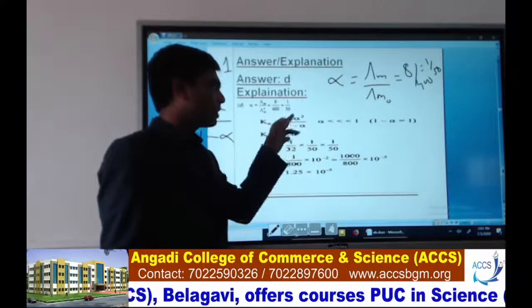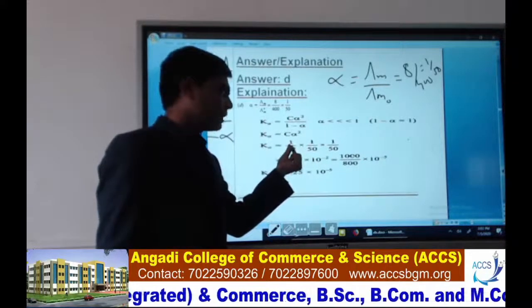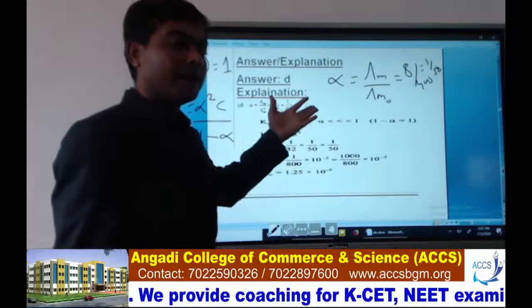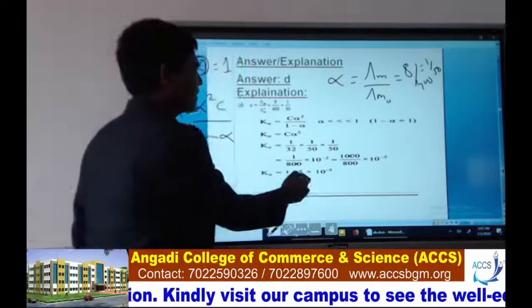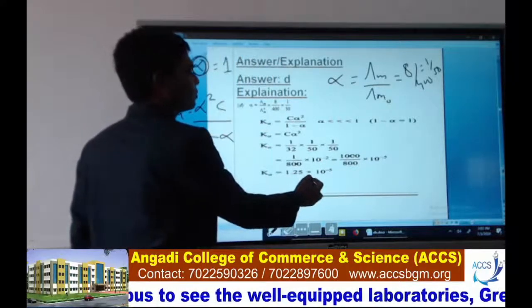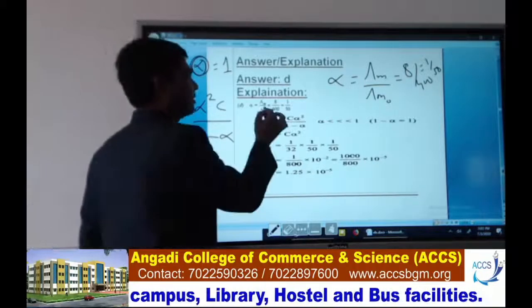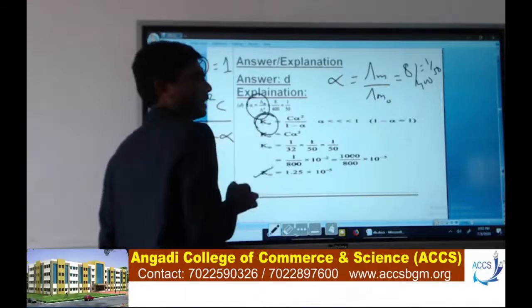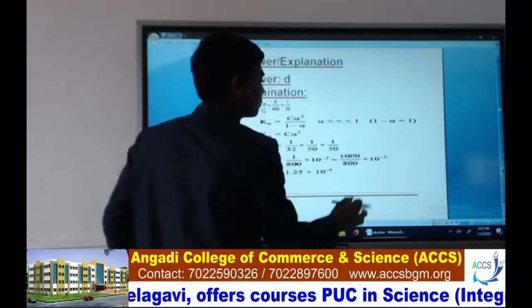Alpha value is 1 by 50 squared. When you calculate this, again you divide by 800 because he has given 8 Siemens. When you do all the calculation, your answer will be Ka is equal to 1.25 times 10 raised to minus 5. Again I am repeating. First calculate alpha, then calculate Ka, whatever the given concentration. Next question.